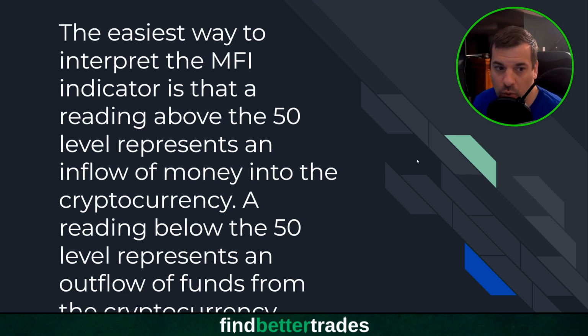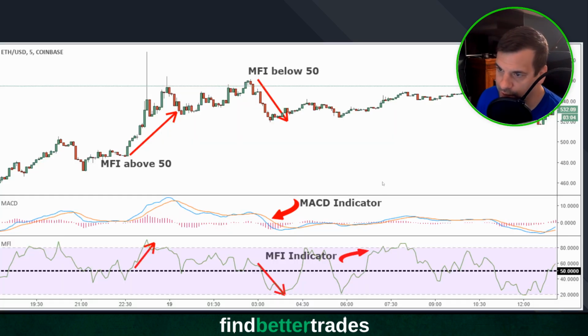The easiest way to interpret the MFI indicator is that a reading above 50, the median line, represents an inflow of money into the cryptocurrency, whether it's Ethereum, Bitcoin, Litecoin, Chainlink, whatever it is. A reading below the 50 level represents an outflow of funds from the cryptocurrency. Let's check that out. Here is the 50 reading, the median line.